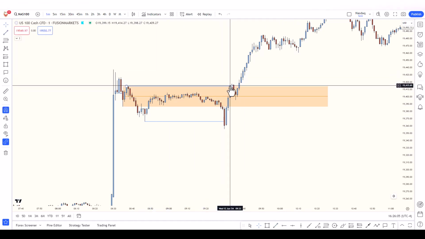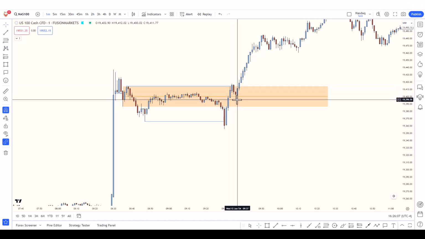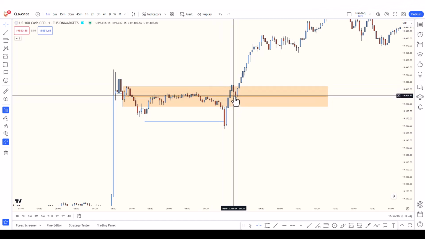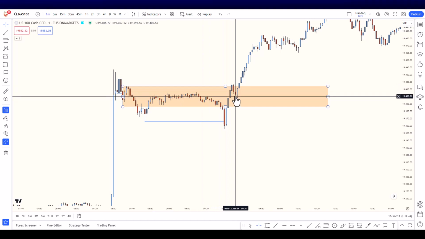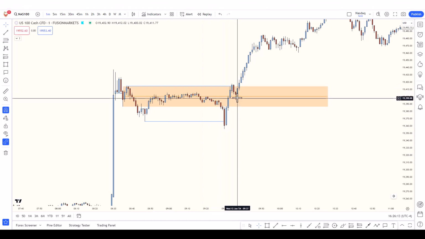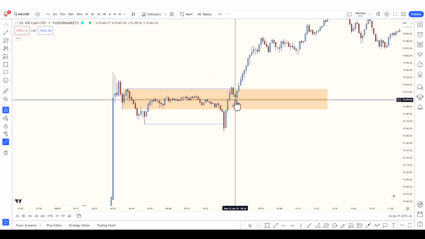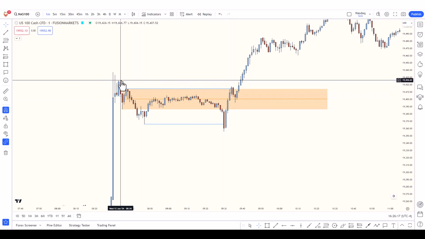above that zone, retrace it to the 50%, mitigate. Now that's mitigation of the flip. I took the trade here, targeting this swing here.